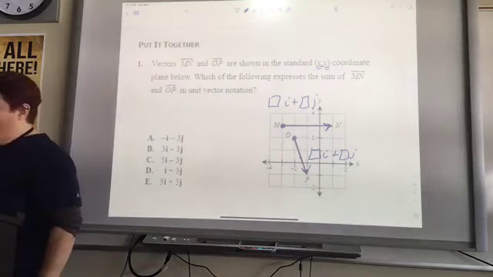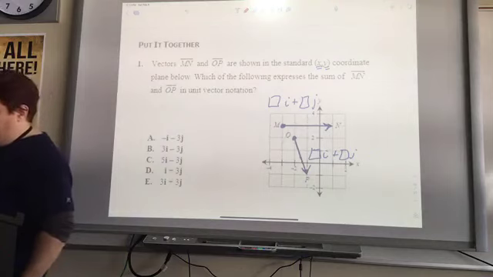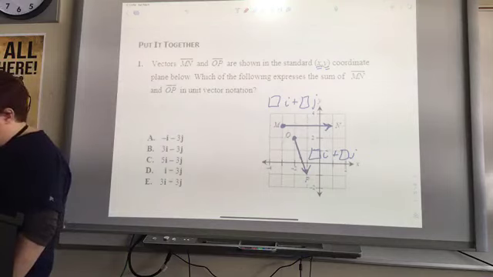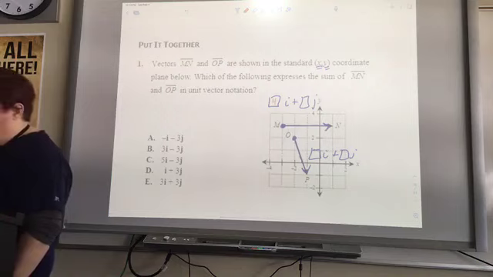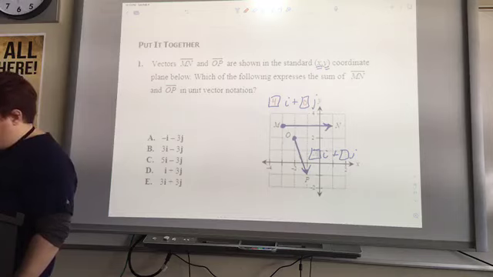So this vector MN, what would we call the vector in ij notation? 4, 0? Yeah, because it goes over 4, up 0. That's what I thought. And then this vector, how does this one go? Down 3 over 1. It goes over 4? 1, 2, 3.